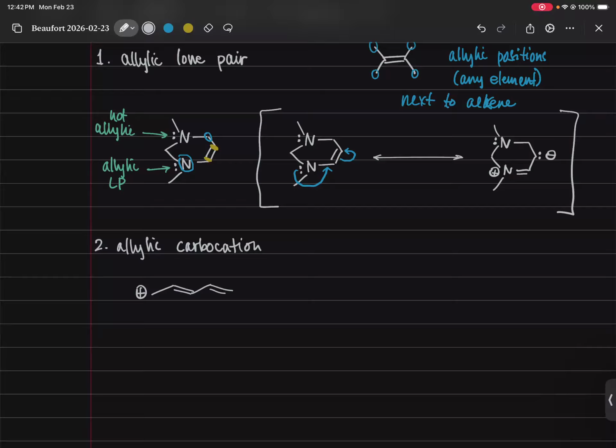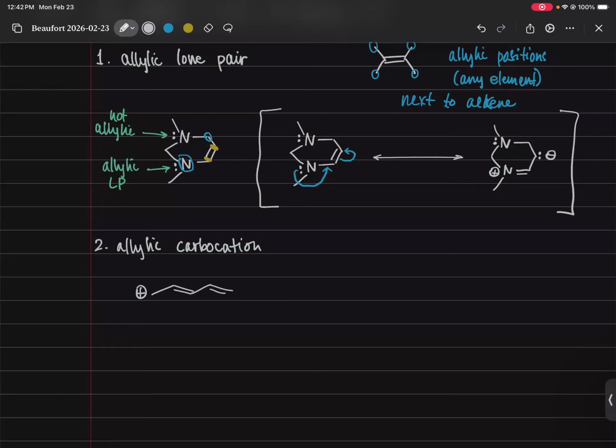So that is an allylic position. When we did the lone pairs, though, we started, of course, from the lone pair and went toward the alkene. But here that isn't going to work, because our curved arrows show the movement of electrons. And so this positively charged carbon doesn't have a lone pair to work with.